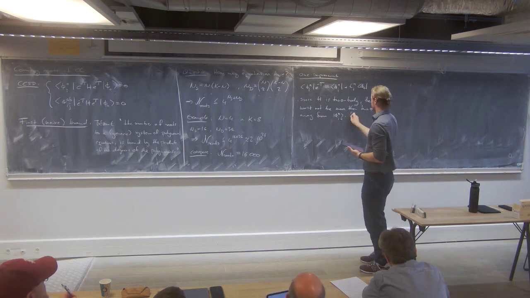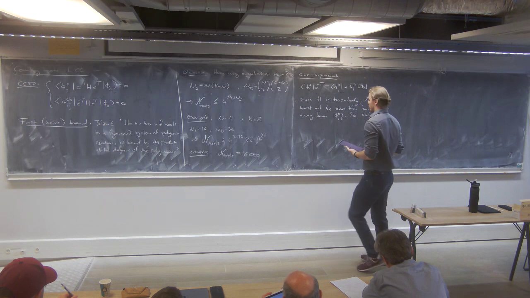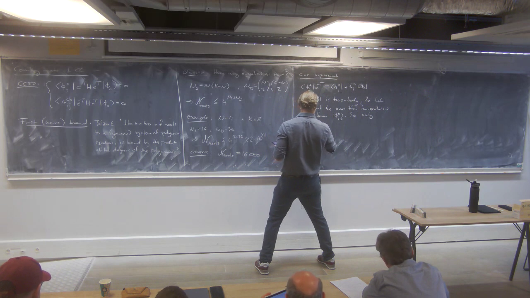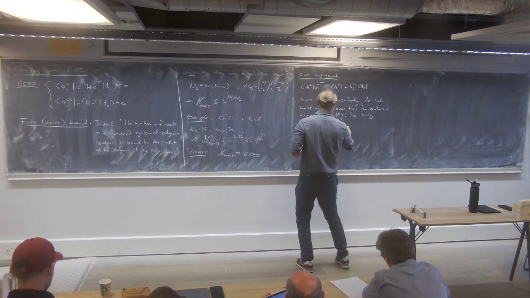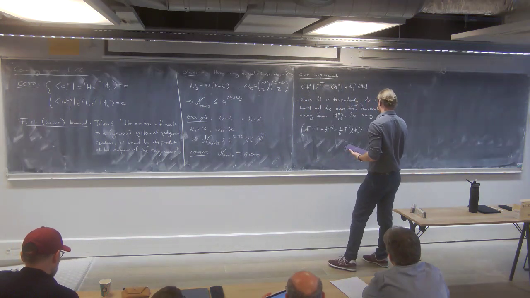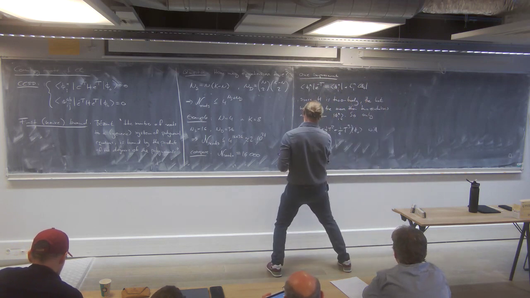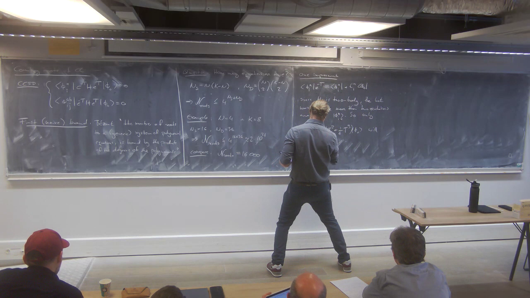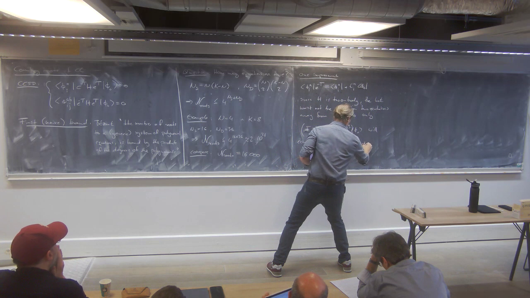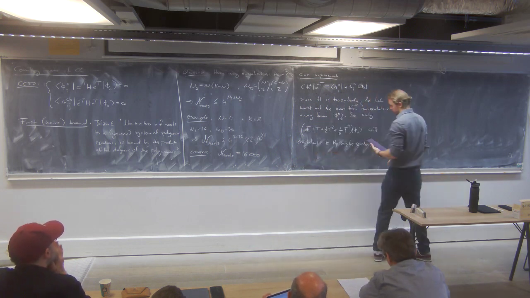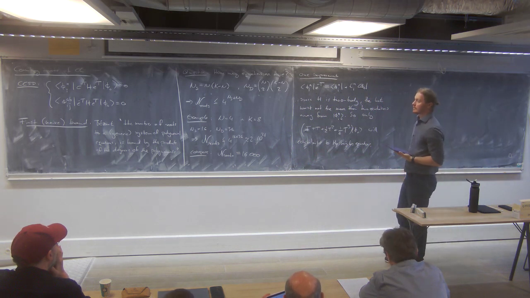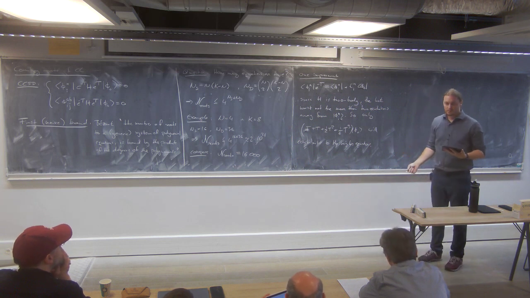So only the identity plus t plus 1/2 t squared plus 1/6 t cubed applied to phi 0 will contribute. So it's at most cubic.